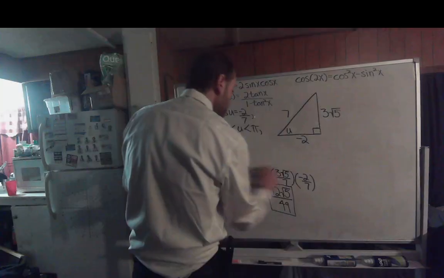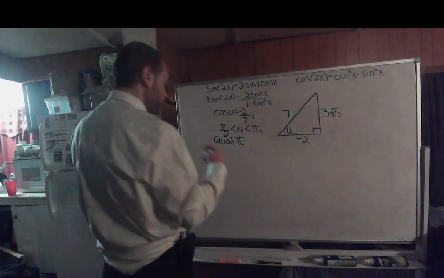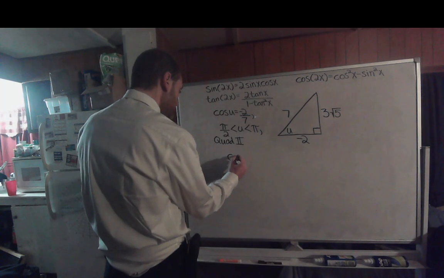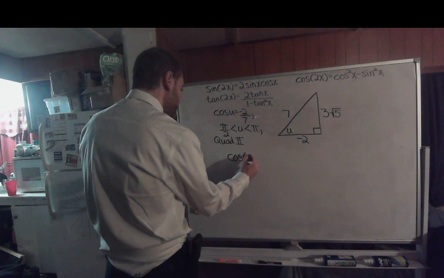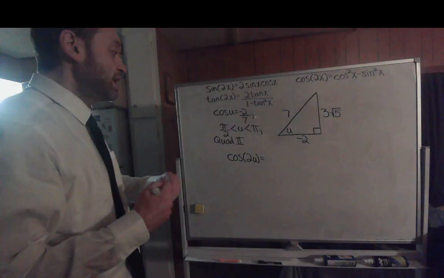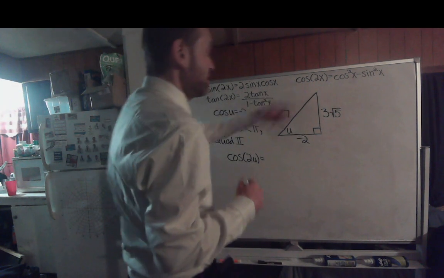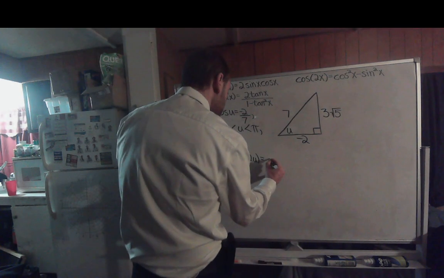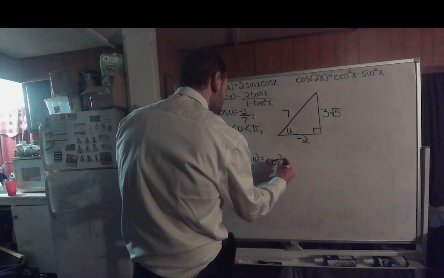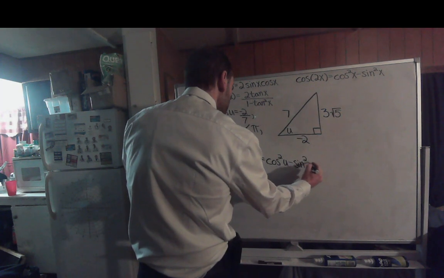All right, let's do the cosine of 2u. We can apply the double angle formula for the cosine function. That would be the cosine squared of u minus the sine squared of u.